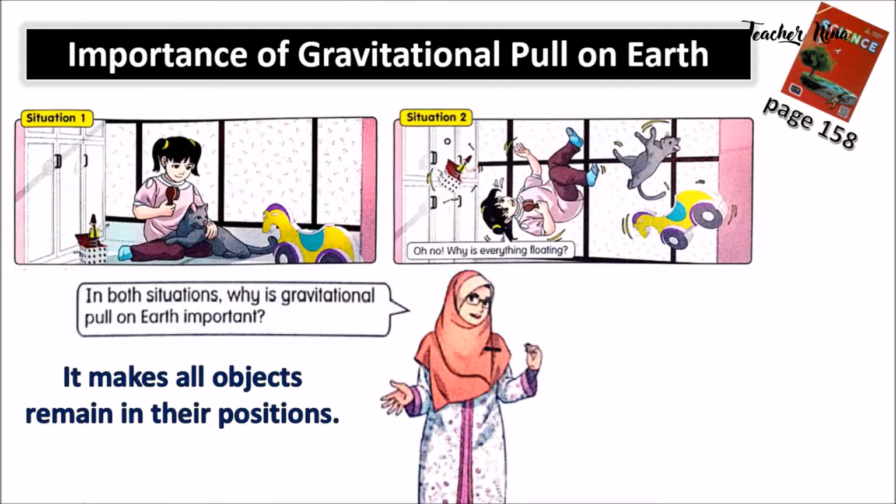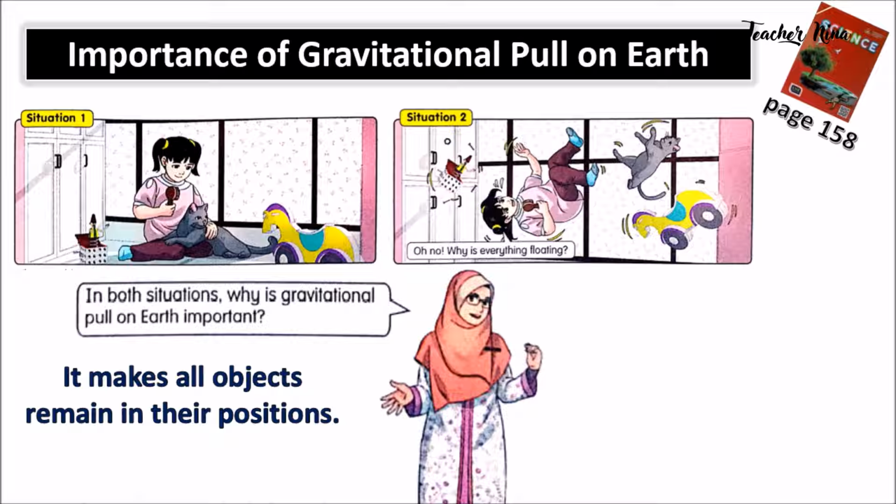So for the first situation, gravitational pull on Earth makes all objects remain in their positions. So the Jack in the box stays up like that if the girl didn't push it down again in the box, and the toy horse also won't move if she didn't pull it or push it.